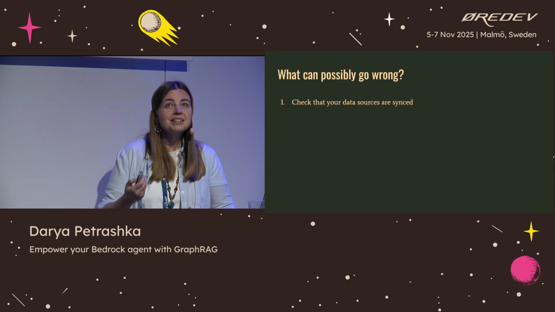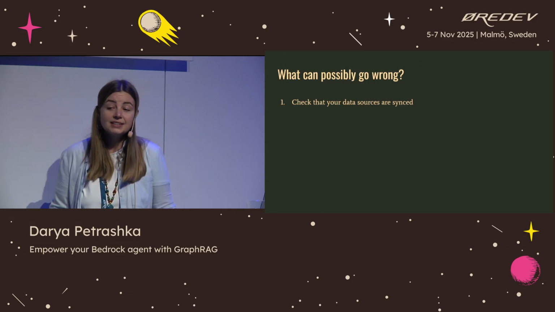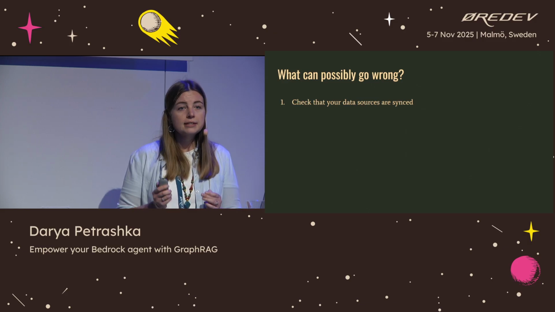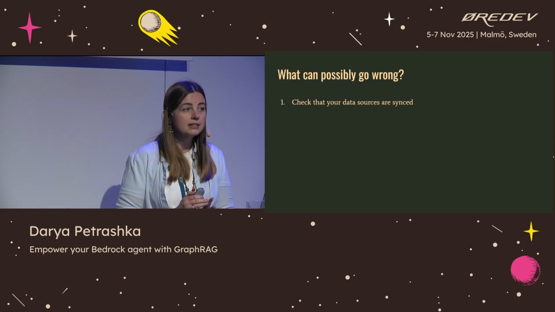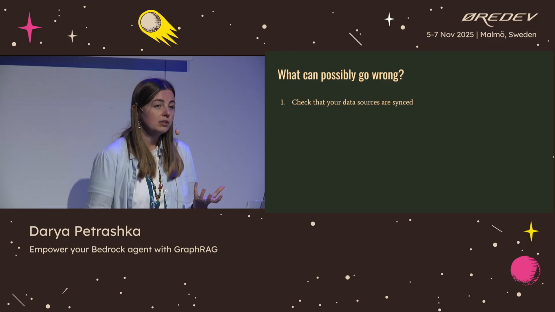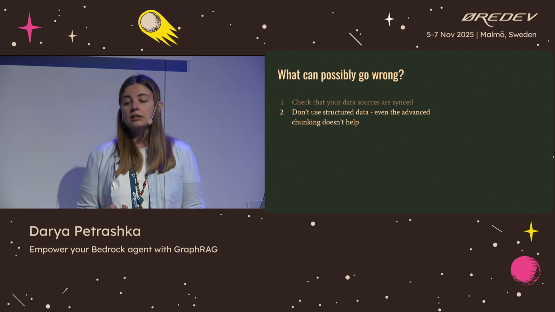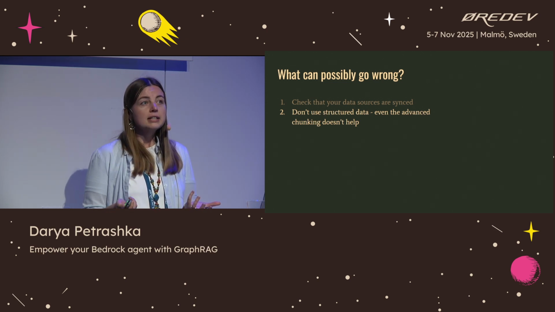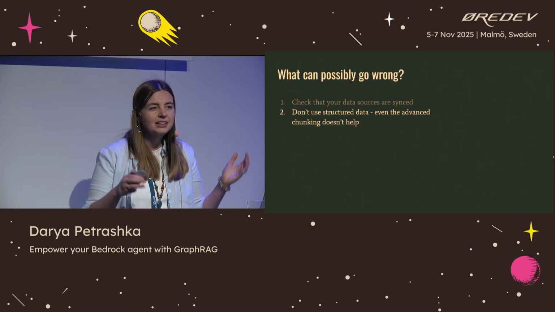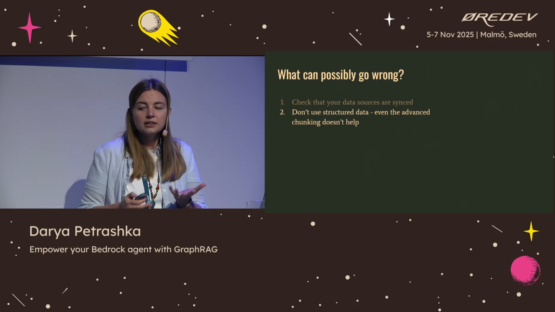But there are several things that can go wrong. First of all, if you don't synchronize your resources or the synchronization didn't go well, you won't be able to access the information inside your documents. Second, it is not intended for structured data, even CSV files.